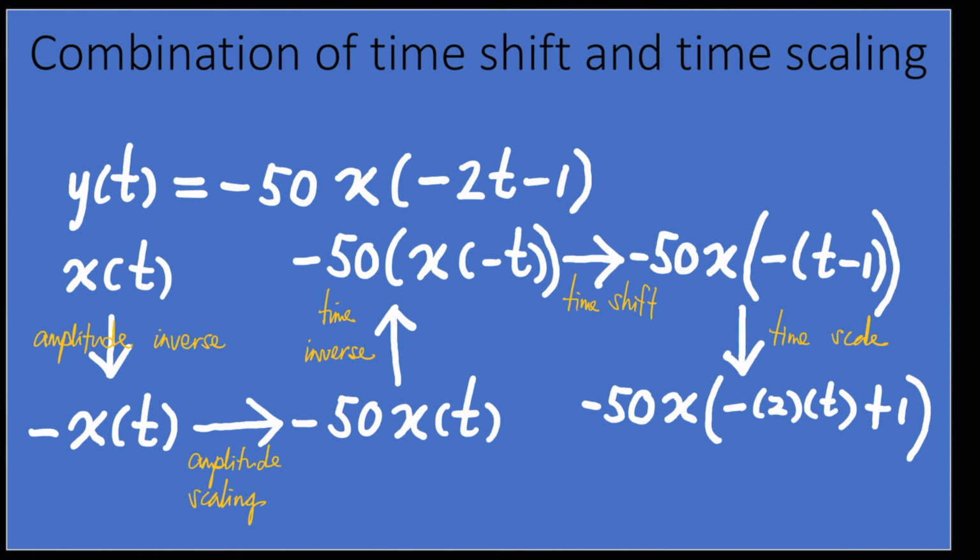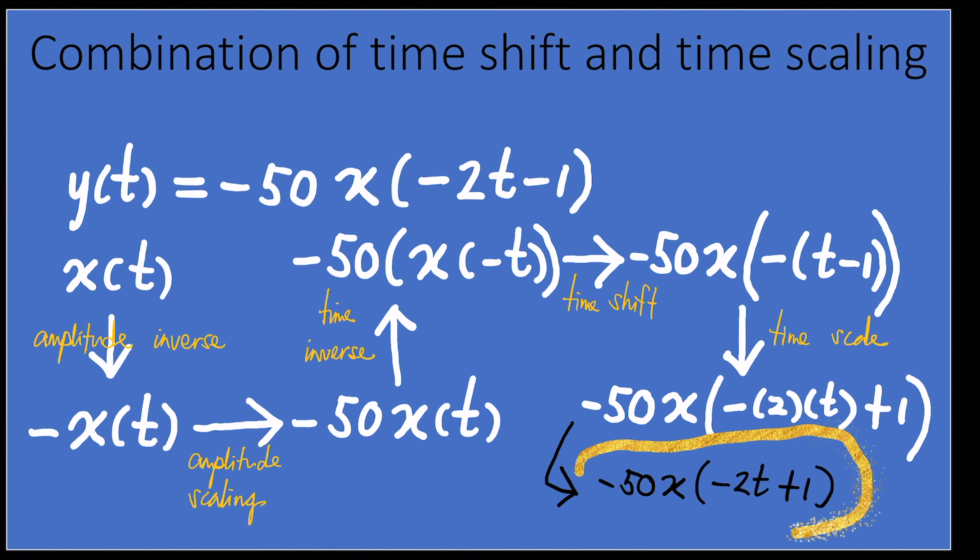By doing this at the end of the operations, without sketching the signals. If we do sketch the signals, then what we actually get is minus 50 x(minus 2t plus 1), which is different than what the question wants.